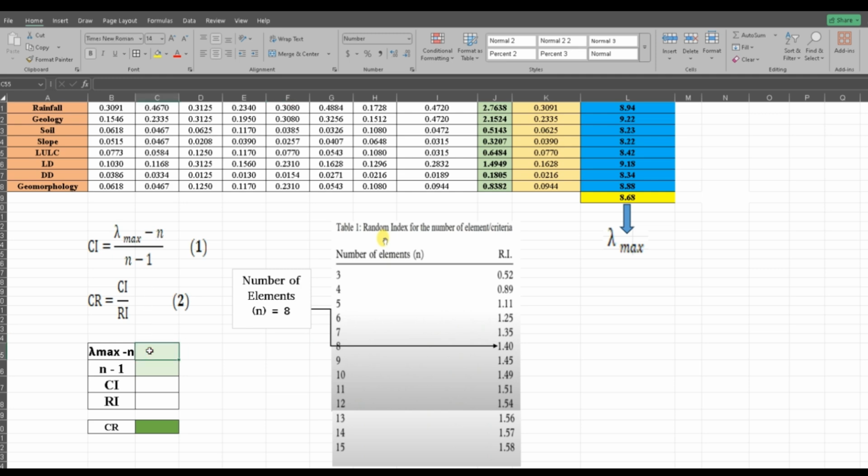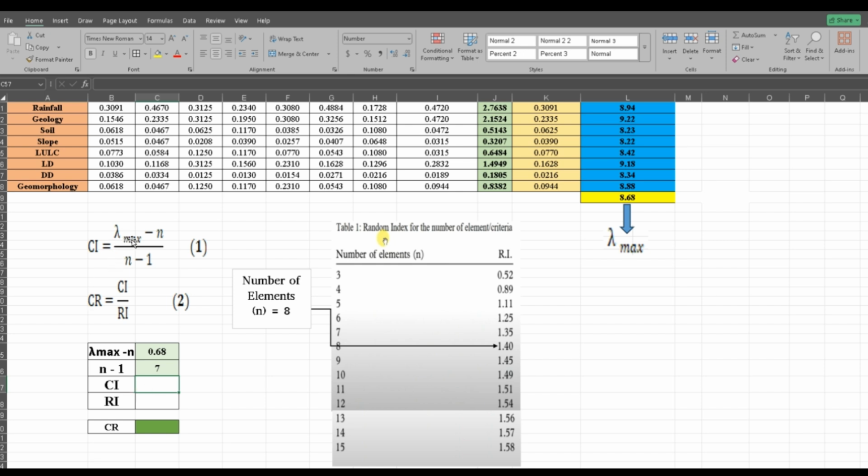Lambda max is equal to 8.68. Therefore, lambda max minus n is 8.68 minus 8, which is 0.68. Now, n minus 1 is 8 minus 1, which is equal to 7.